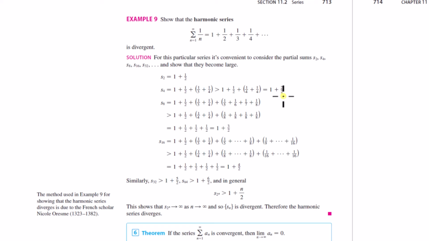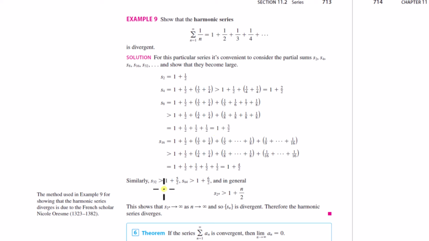That's 1 plus 2 over 2. S8 is 1 plus 1/2 plus 1/3 plus 1/4 plus 1/5 plus 1/6 plus 1/7 plus 1/8, and then they change these so that both of these are 1/4 and all of these are 1/8. And that ends up coming to 1 plus 3/2.